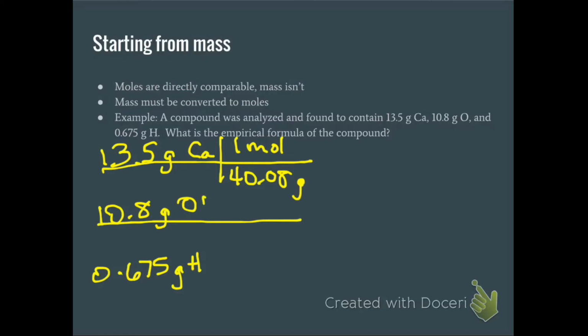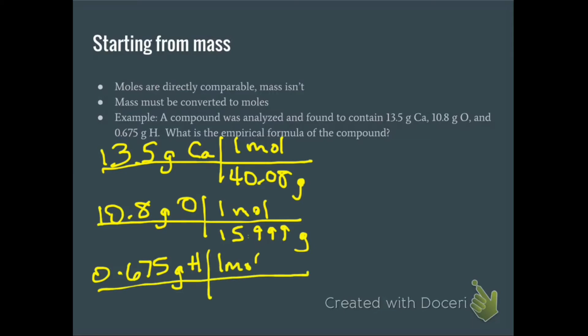Same thing for oxygen. 1 mole in this case is going to be 15.999 grams. And then same thing for hydrogen. 1 mole is going to be 1.008 grams. Now, all of our numbers are on the bottom, so we're going to divide them.